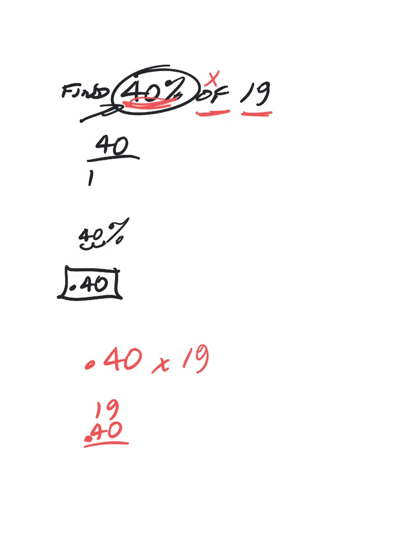So let's do it this way. I'm going to do my 9 times 0, and I'm going to get 0. Then I'm going to take my 1 times 0, and I'm going to get 0. Then I'm going to take my 9 times 4, and I'm going to get 36, carry the 3.